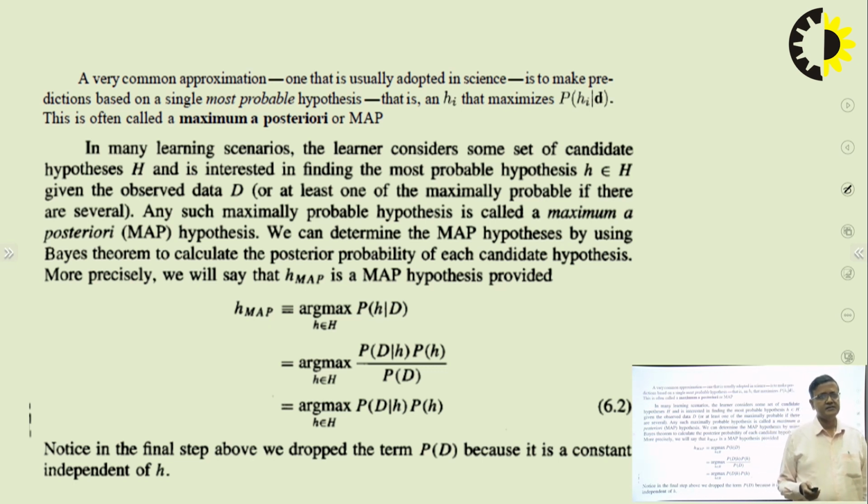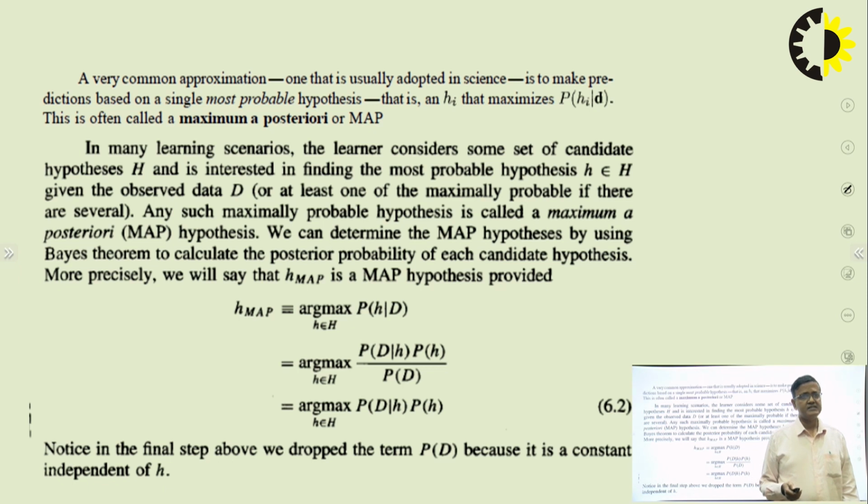We can calculate P(hi given D) using Bayes theorem, but while doing so we can also approximate the best hypothesis possible, which can be used for predicting future instances.